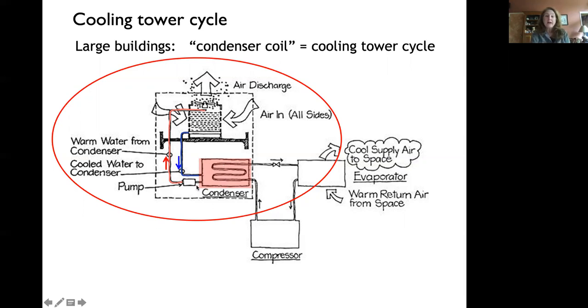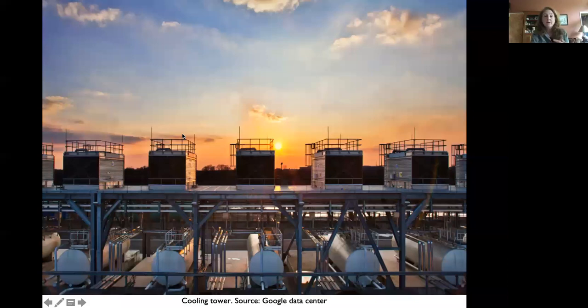Then you're getting hot water and you run that water up to what's called a cooling tower at the top of the roof. You take that hot water and it's sprinkled down these plates. The air blows past it, it cools, and then you have cold water that is returned. And it can be very, very large. These are some examples of cooling towers on top of a Google data center.